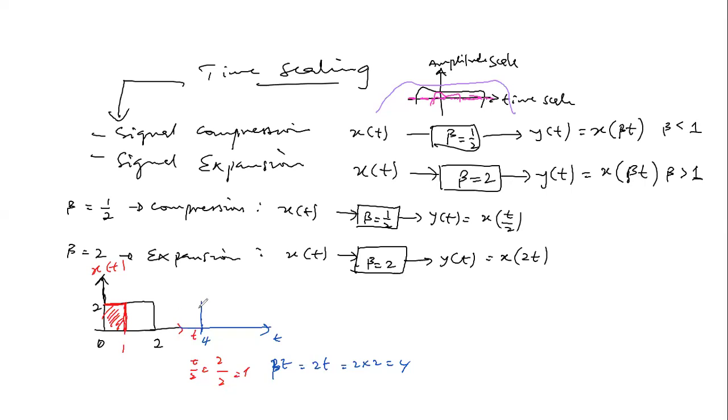So it just extended to this, and then this becomes my signal, which is an expanded version of that signal. But you will observe that the operation performed here is on the time scale, right? Does that make any sense, please? Yes, sir. Okay. Now, if this is clear, then we can move on to time reversal.